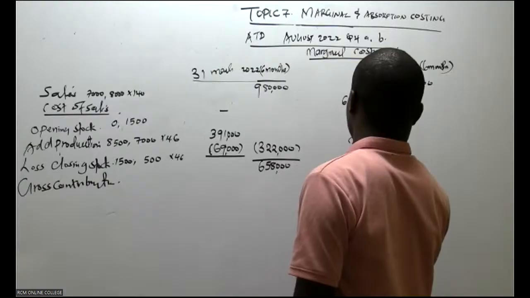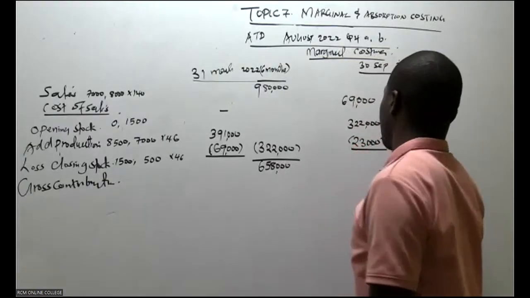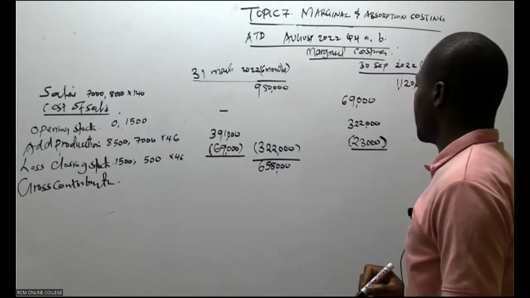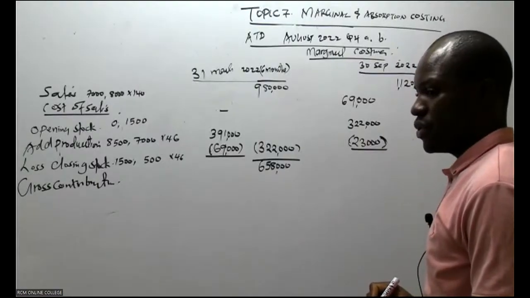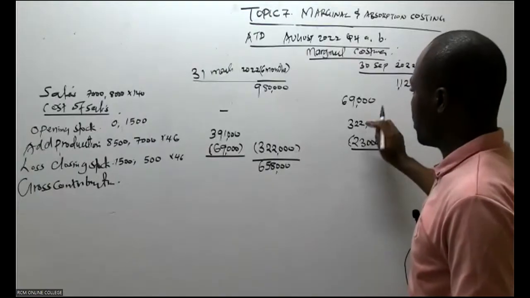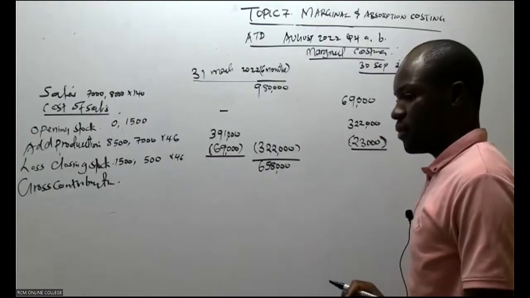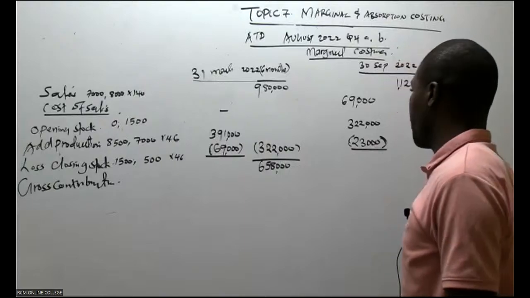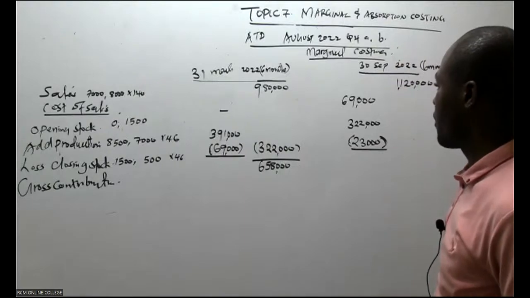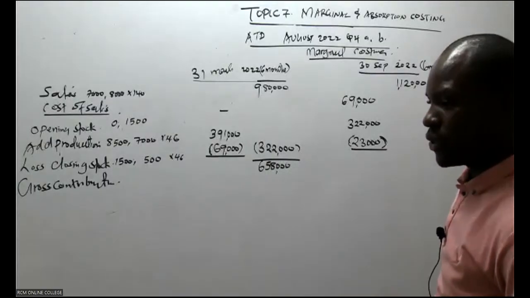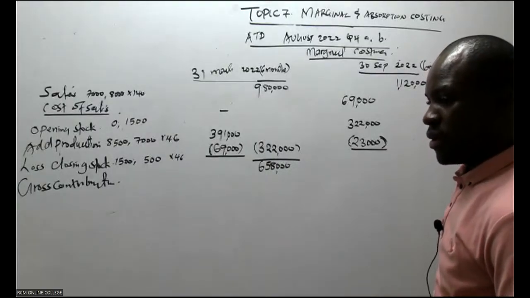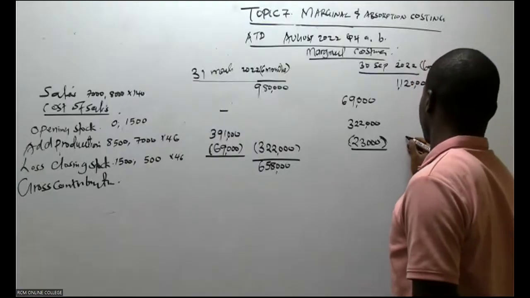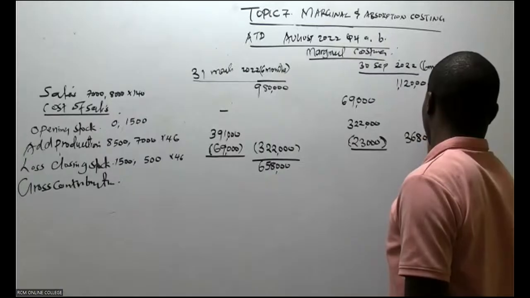To get the cost of these goods, 69 plus 322, less 23. 368,000.